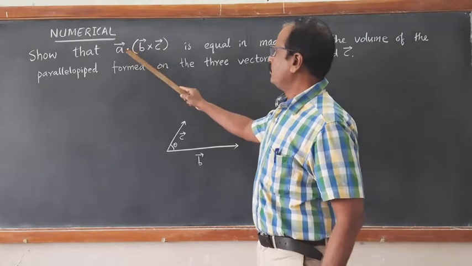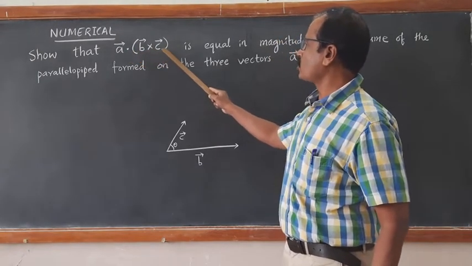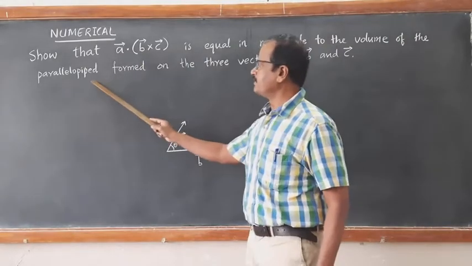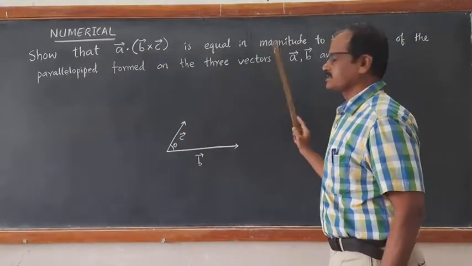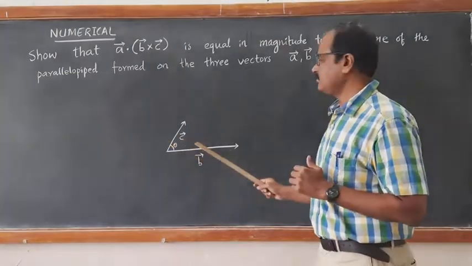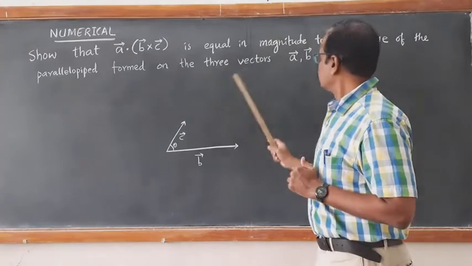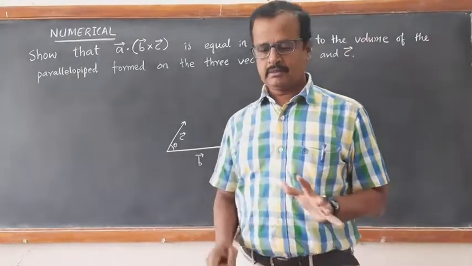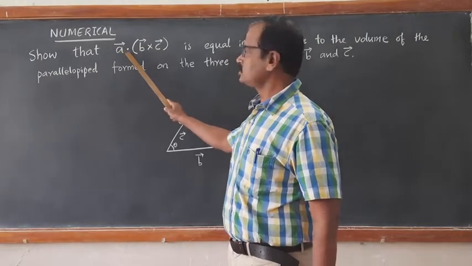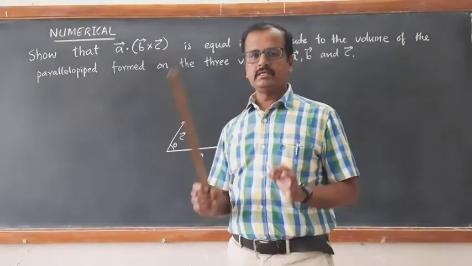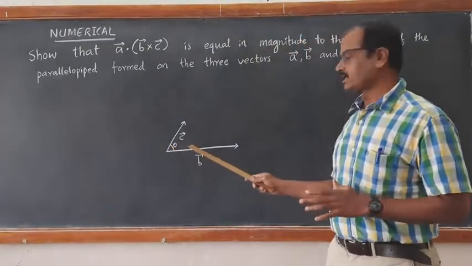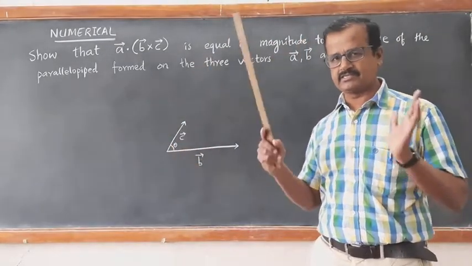So you have to prove that the triple product A dot B cross C is the volume of a parallelepiped, out of which vectors A, B and C are the sides.